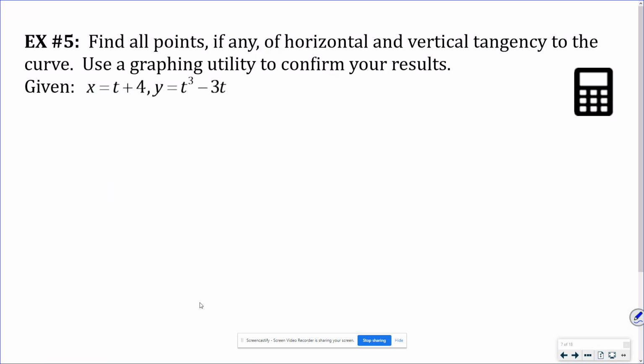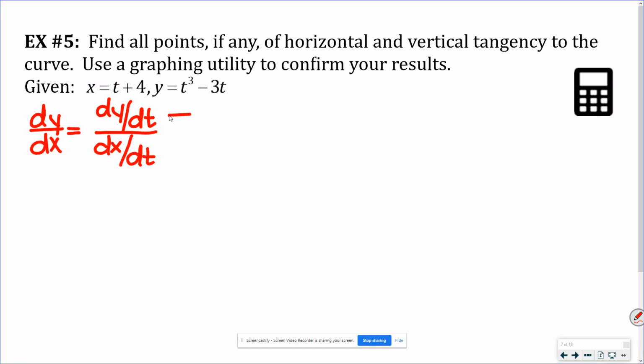Example 5 says find all points, if any, of horizontal and vertical tangency to the curve. So when you are looking at just a generic derivative for a parametric function, you do dy/dt over dx/dt. That's how you compute it. A horizontal tangent line is going to occur when the numerator is equal to 0.